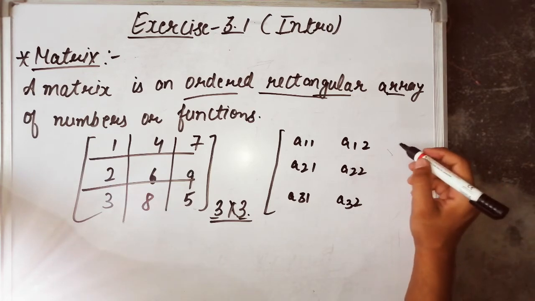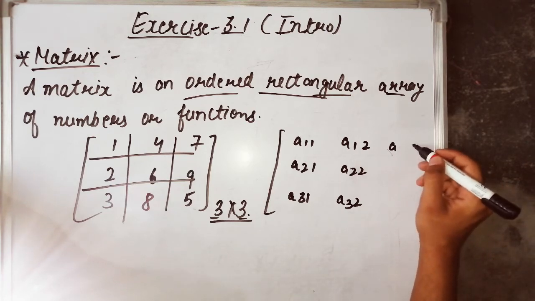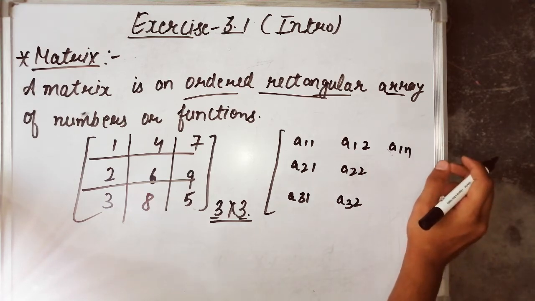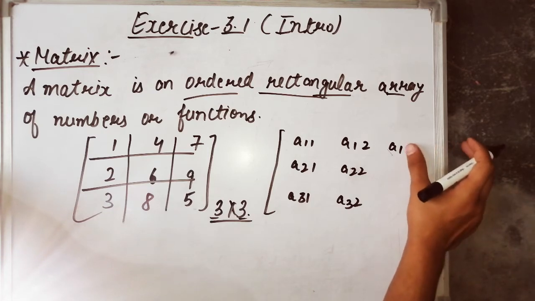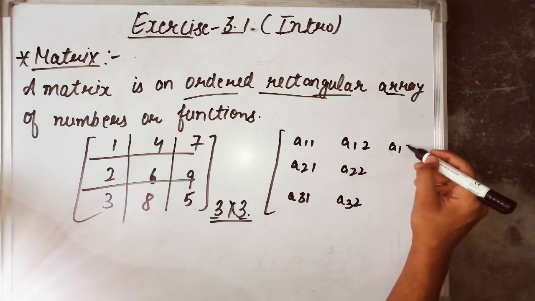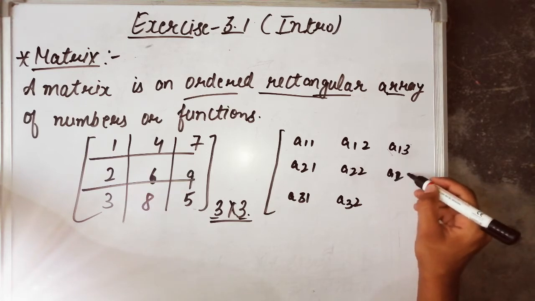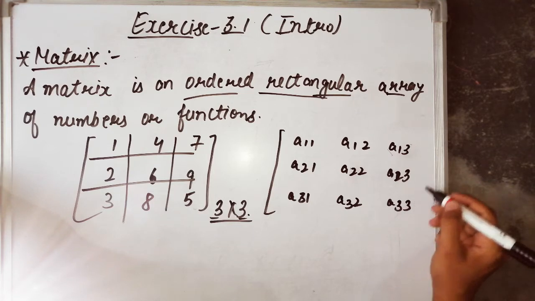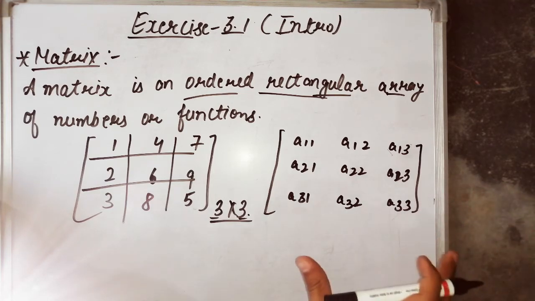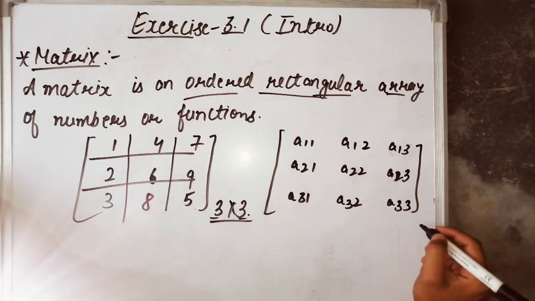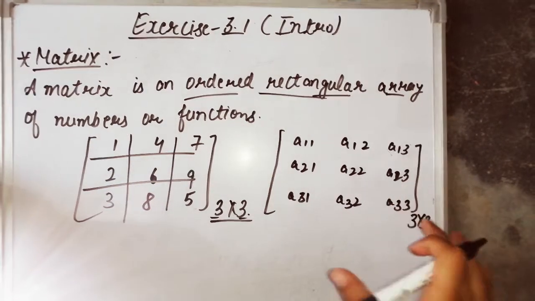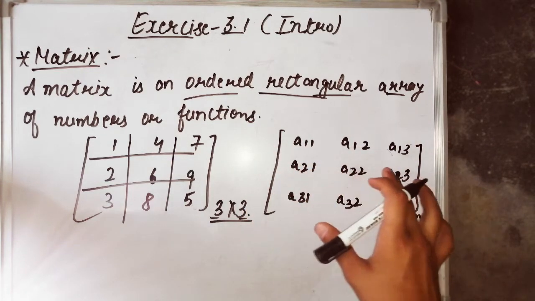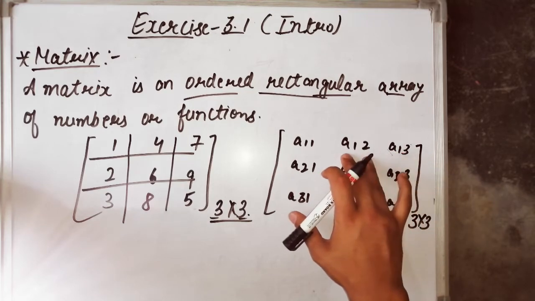Next up we have a1n. I'll explain later about these n's and m's. For now I'm writing here a13, a23, a33. This is a general representation of a matrix, where a11 represents the element of the first row and the first column, and a12 represents the element of the first row and the second column.